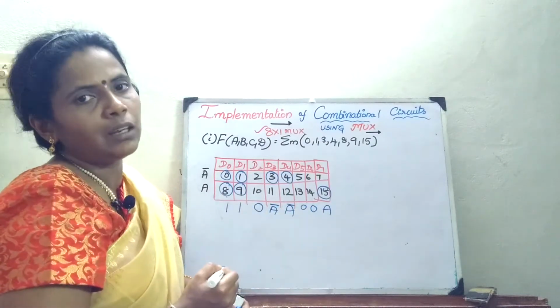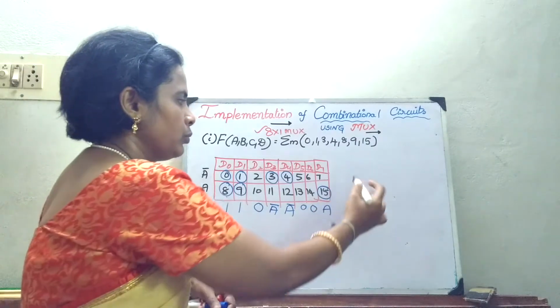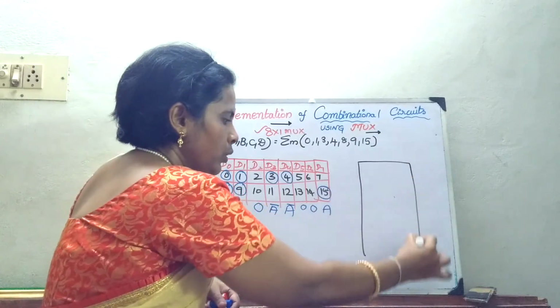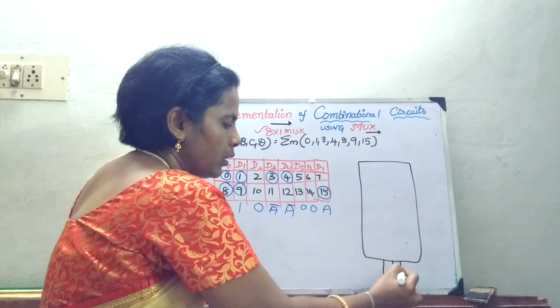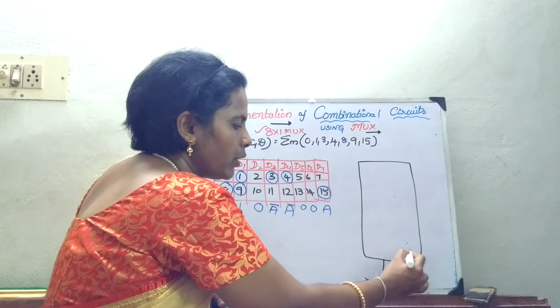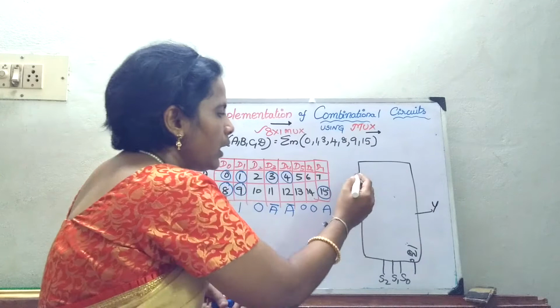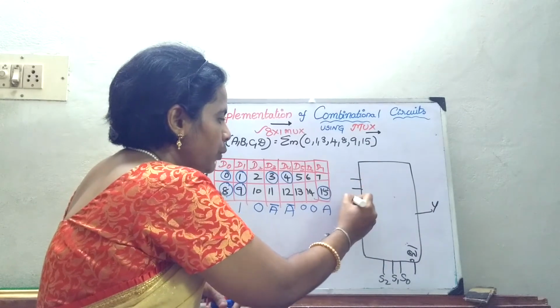Next, what is the next thing? You have to draw the logic diagram. So what should you do? Draw the select lines S2, S1, S0. If you want, you can draw the enable pin. Okay, the output is Y, and here you will have the inputs.